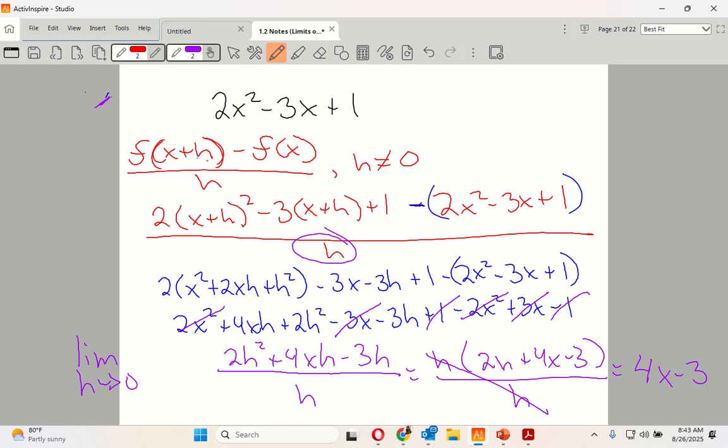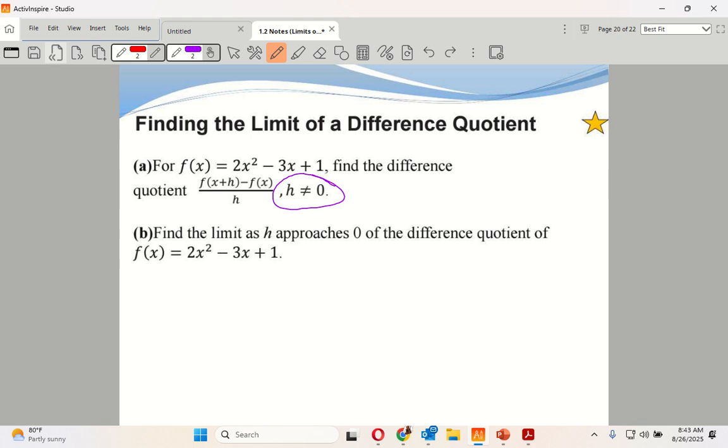Now, what is that actually for? I know you guys are going to write this down because it's going to be mandatory that you know this.